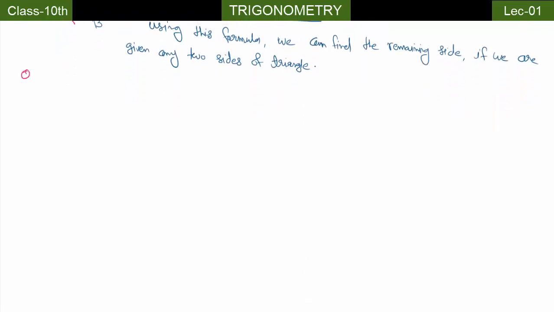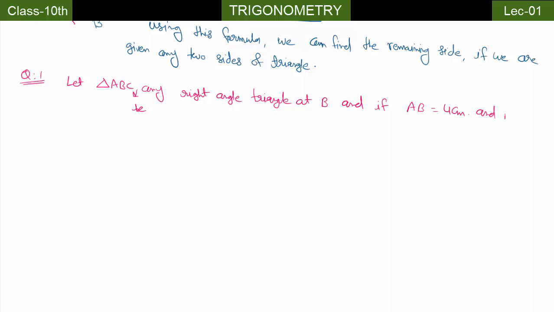First, question number 1: let triangle ABC be any right angle triangle at B. It means angle B is 90 degrees, and if AB is equal to 4 centimeter and BC is equal to 3 centimeter, then find the length of AC.